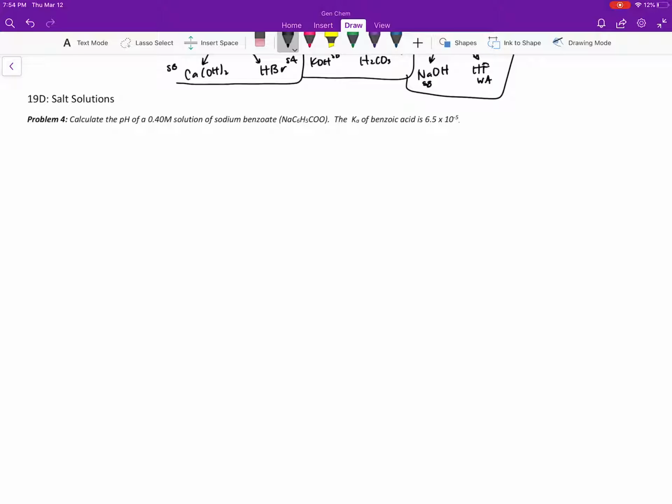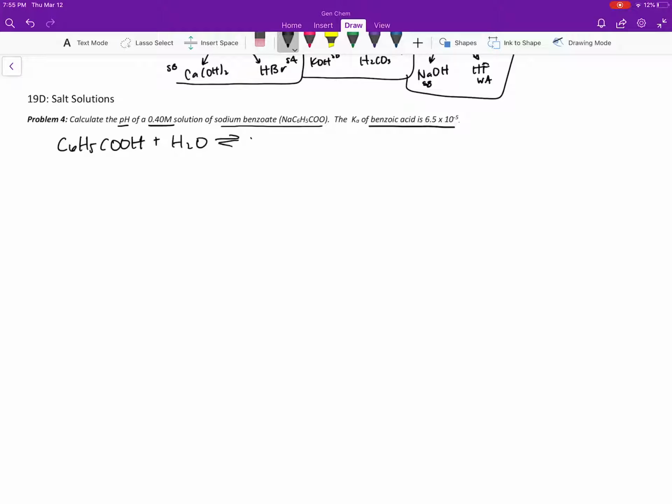So this last one on lesson 19 says calculate the pH of a 0.4 molar solution of sodium benzoate, and the Ka of benzoic acid is this. So it tells us that this is benzoic acid, it's a Ka, so the right equilibrium expression is benzoic acid, which is this formula, plus water.